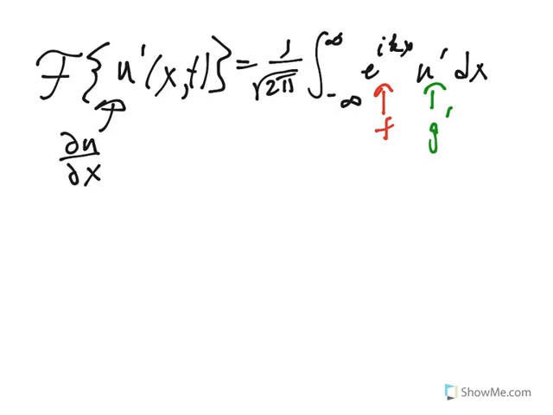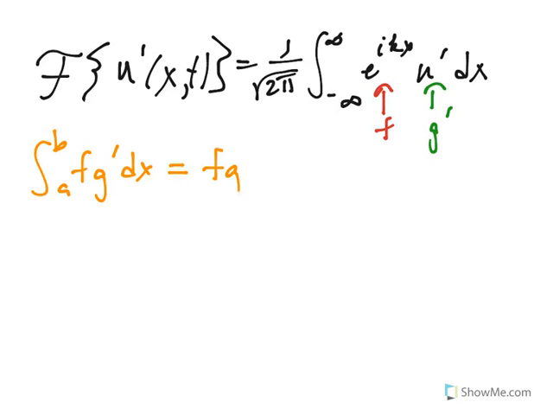Let's remember what the integration by parts rule looks like. If you have an integral of f g prime for those two functions, f and g, integrated over limits a and b, it's equal to two pieces: f times g at the limits, minus the opposite integral. Instead of f g prime, we have f prime g dx.